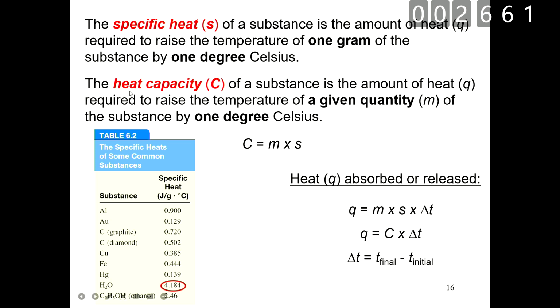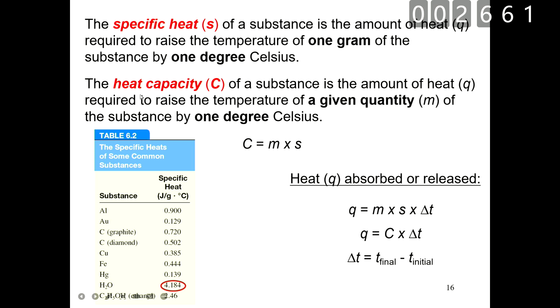Heat capacity of a substance is the amount of heat required to raise the temperature of a given quantity. Given quantity means differences. Here it is 1 gram, but here it is a given quantity, maybe not 1 gram. And the temperature is also raised by 1 degree.